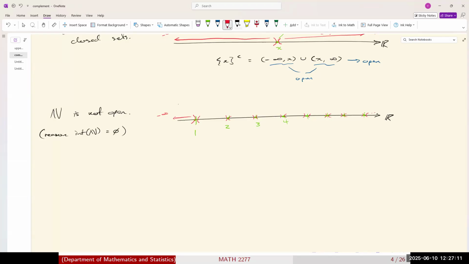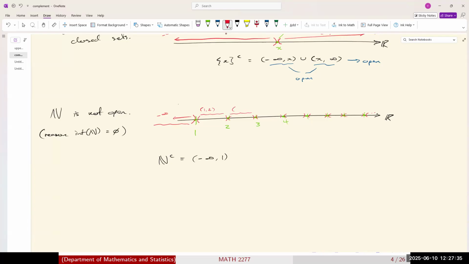In other words, the complement of the natural numbers is, the first one on the leftmost side is minus infinity up to 1. That's this part here. And then this part here is open interval 1 to 2.